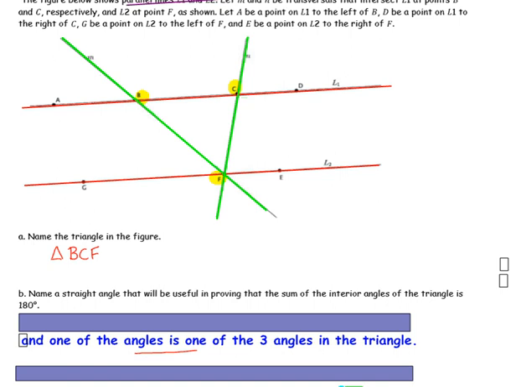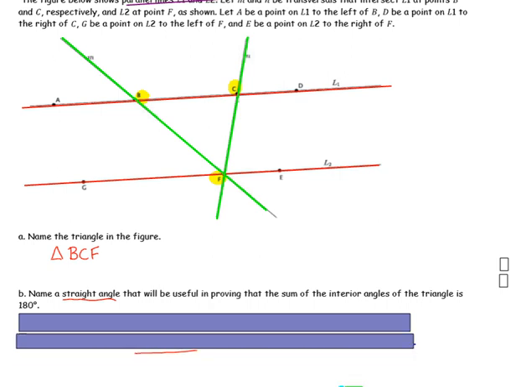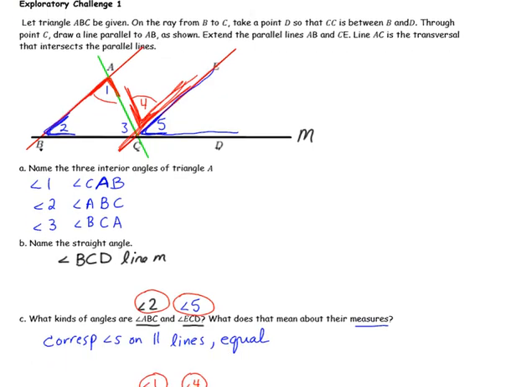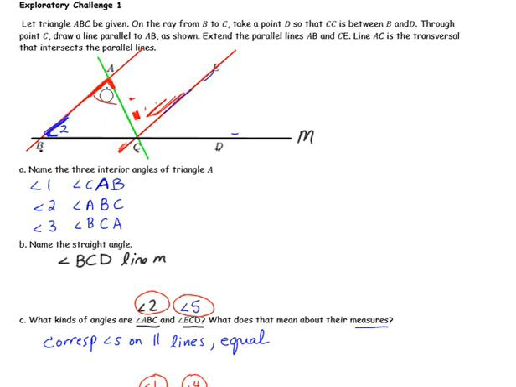Next, name a straight angle that will be useful in proving that the sum of the interior angles of the triangle is 180 degrees. So we have a lot of straight angles here, and you think which one would work to help prove this? So let's just go back for a minute and look at the previous diagram. And there are lots of straight lines here as well, or straight angles.